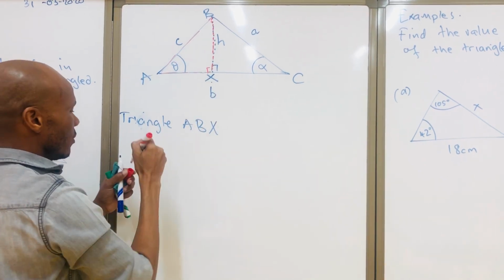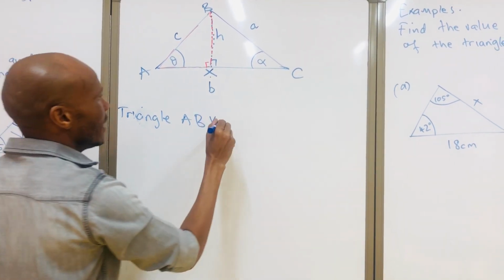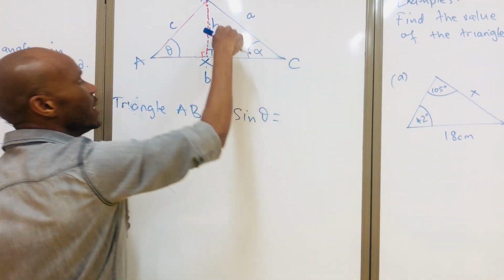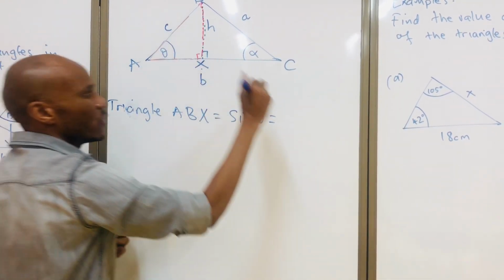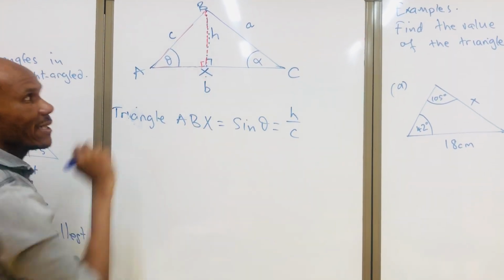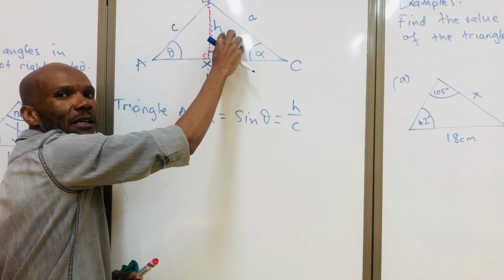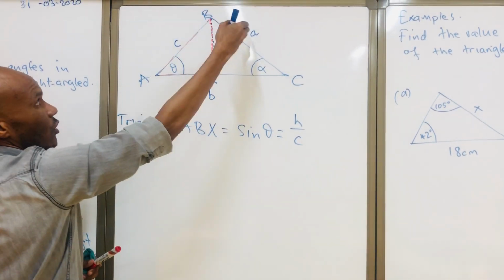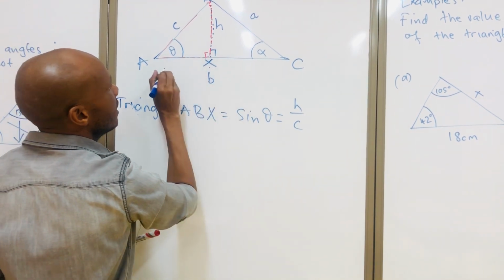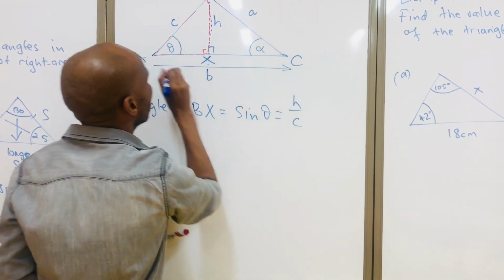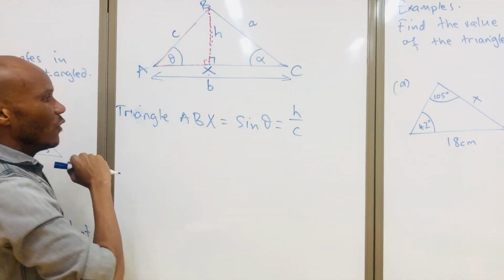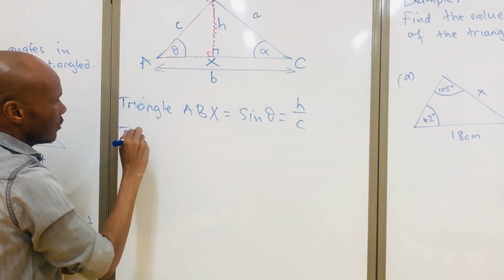There, sine theta will be equal to h divided by c. Now let's look at the second triangle, which I'll call BCX. By the way, this small b is opposite that one, for the whole length of AC.